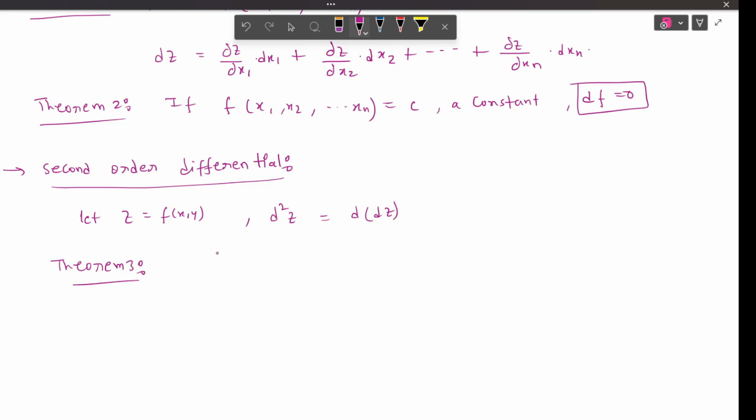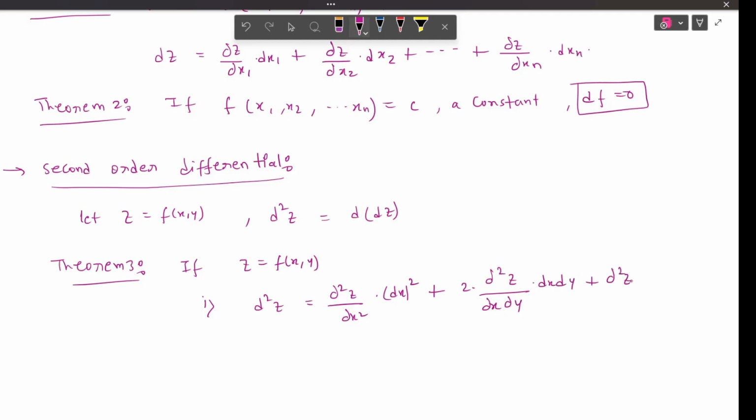Our theorem 3 is, if z is a function of x, y, assumed to have continuous second order derivatives, then we can say that d square z is del square z upon del x square into dx whole square plus twice del square z upon del x del y into dx dy plus del square z upon del y square into dy square.